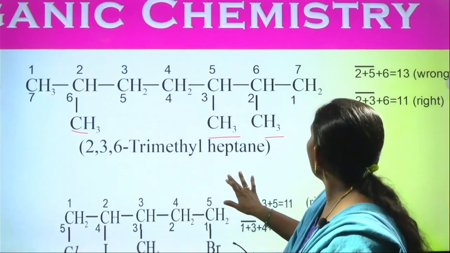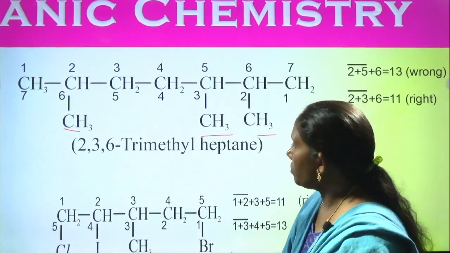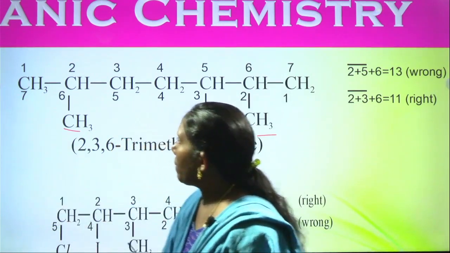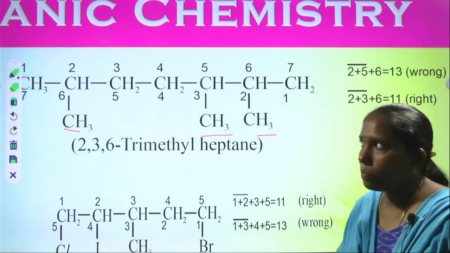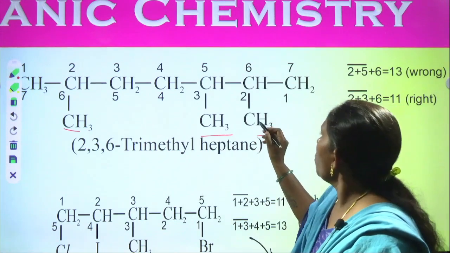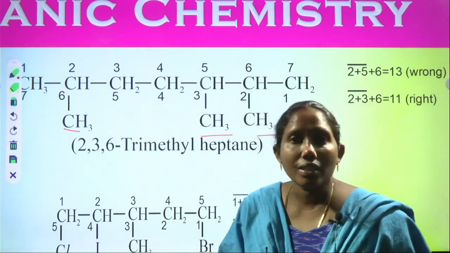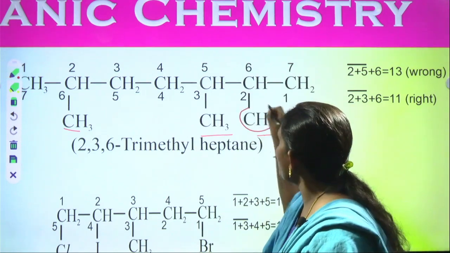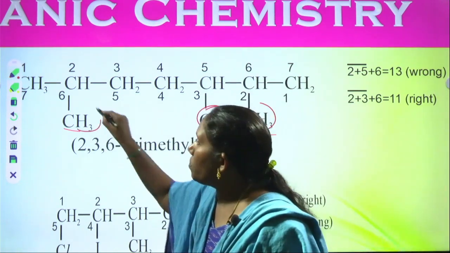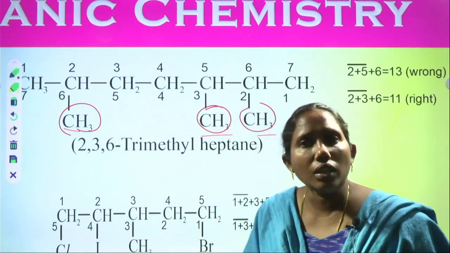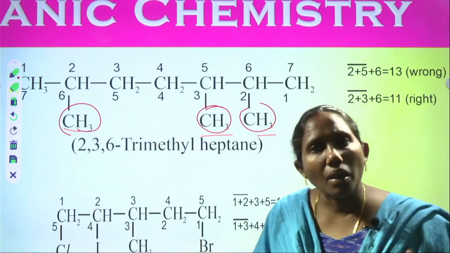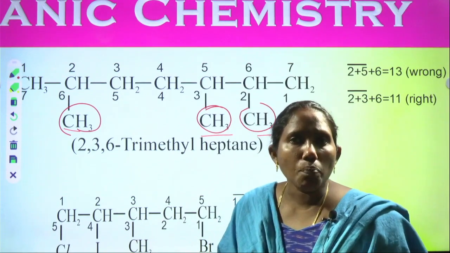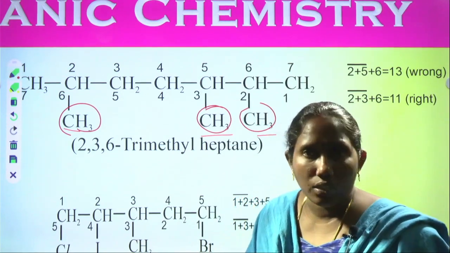I will come to the first one now. This is the first example. In this we have 1, 2, 3, total 3 substituents. 3 are methyl groups only. Then to select by alphabetical order, all will be M only. There is no possibility to select through the methyl group, right?